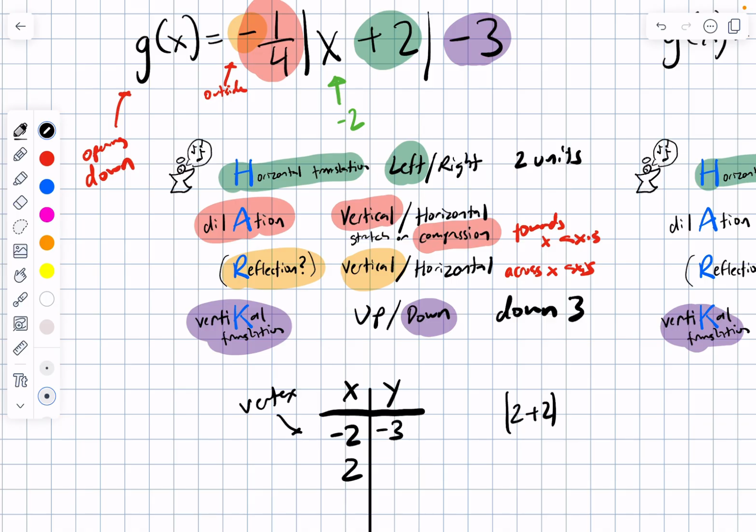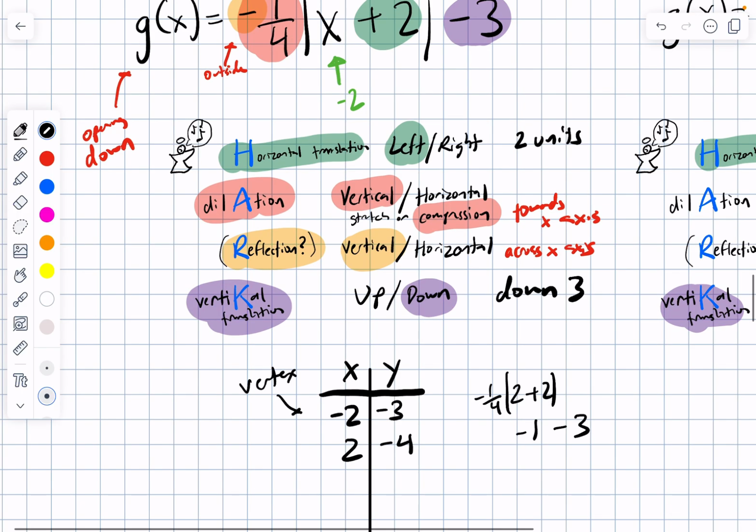Absolute value of 4 is 4. Negative 1/4 of that is -1, minus 3 is -4. And then I can do another one like 6. 6 plus 2 is 8. -1/4 of 8 is -2, minus 3 is -5.